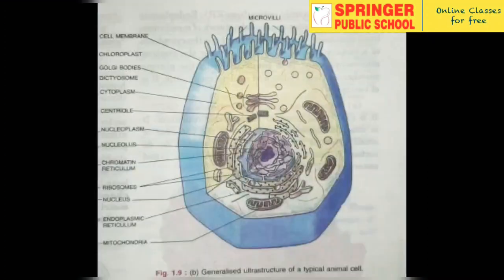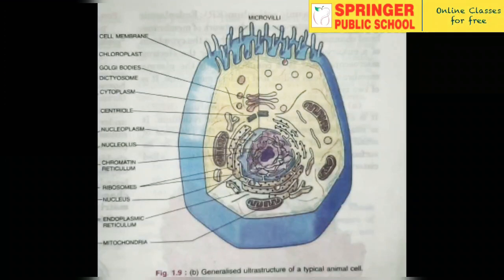Now move ahead with the diagrams. This is the diagram of the animal cell. You can see here there is a cell membrane but there is no cell wall. Microvilli are also present here. You can see chloroplast is written there but the arrow is not there. It means chloroplast is absent in the animal cell. Golgi body is clearly mentioned here.